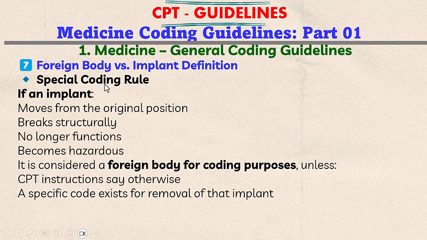So the special coding rules: if an implant moves from the original position, breaks structurally, or no longer functions, becomes hazardous, it is considered a foreign body for coding purposes unless CPT instructions say otherwise or a specific code exists for removal of that implant.